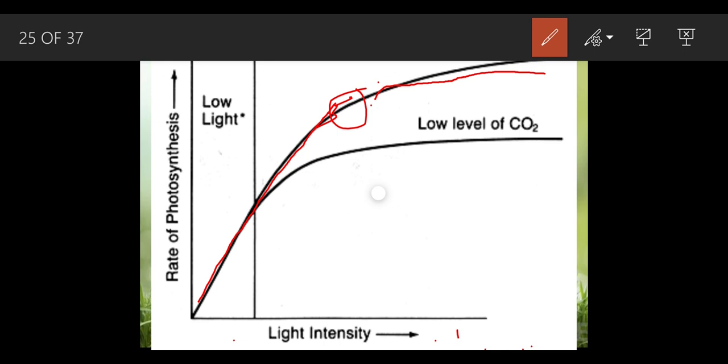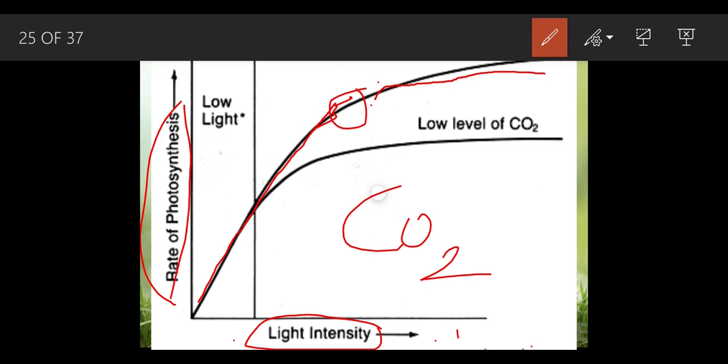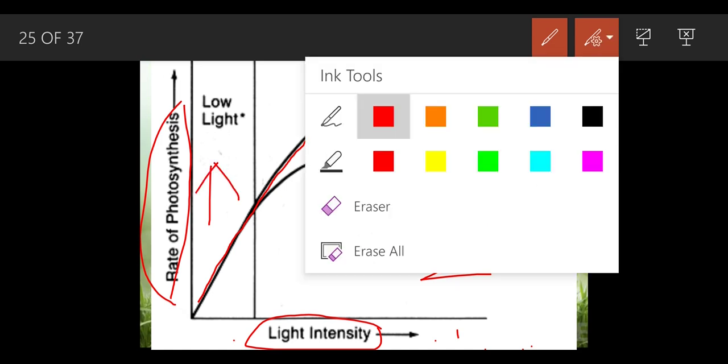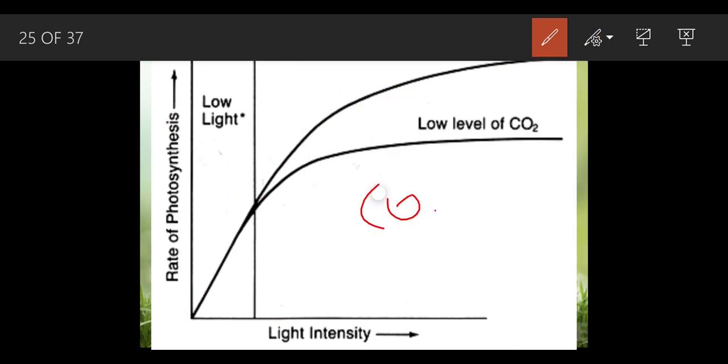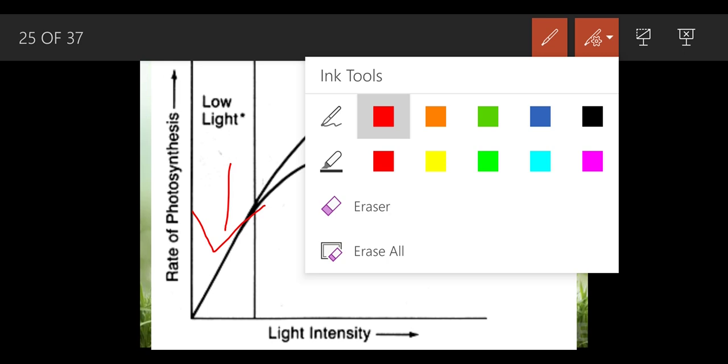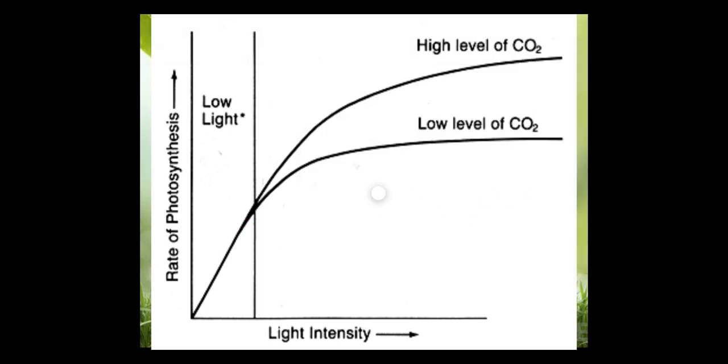So what does this show? That the rate of photosynthesis, light intensity and carbon dioxide go hand in hand. If you increase the level of carbon dioxide, the photosynthesis level will be high. If the level of carbon dioxide is low, the rate of photosynthesis will be low. Because without carbon dioxide, the plant won't be able to perform photosynthesis.